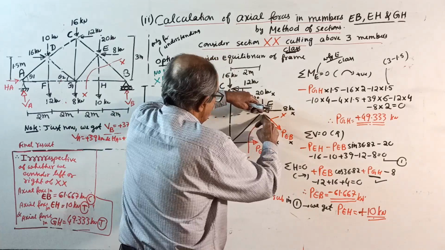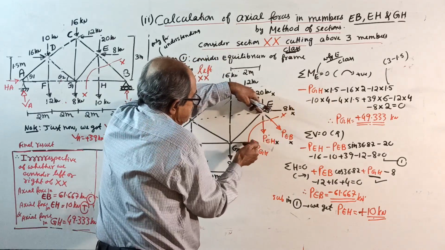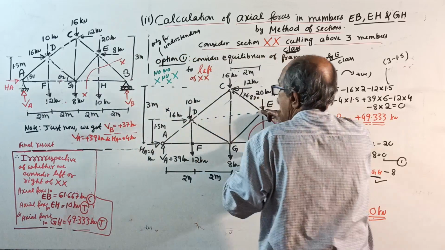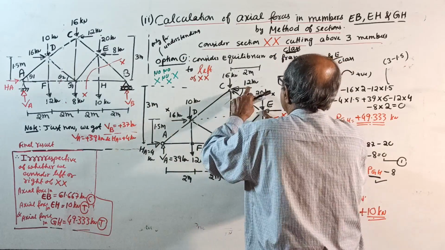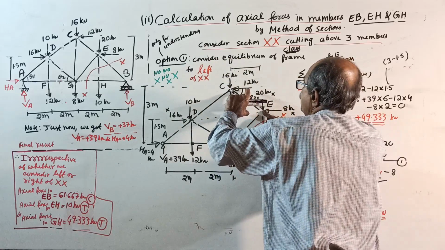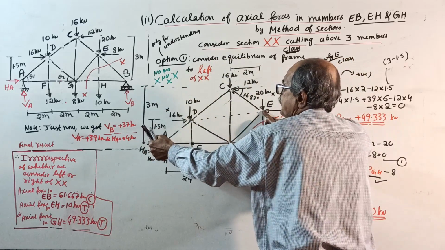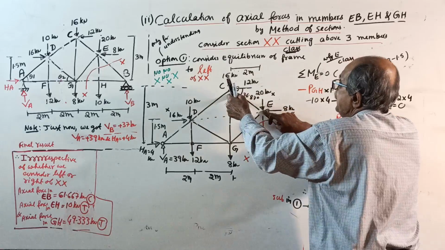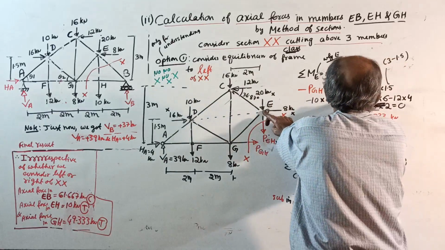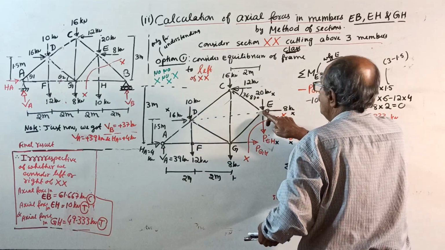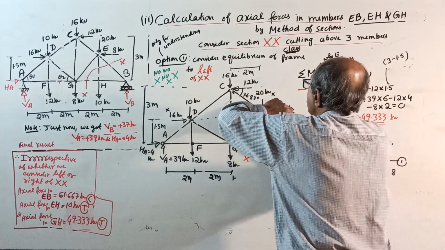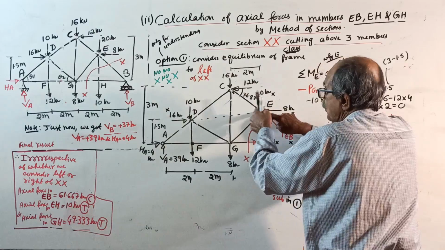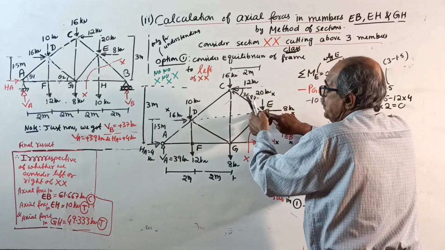Then you get minus PGH into this height, that is 1.5. Start from here: minus 12 into this height, total 3, this is 1.5, this also 1.5, 3 minus 1.5. Minus 10 into 4, 2 plus 2, 4. 16 into 0.